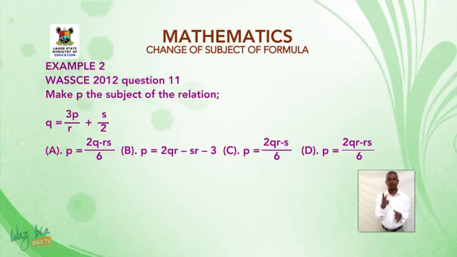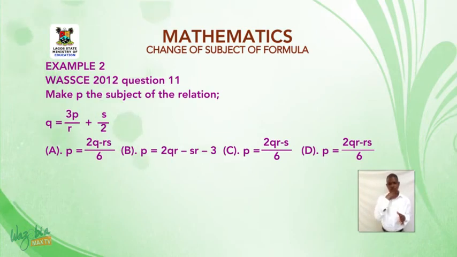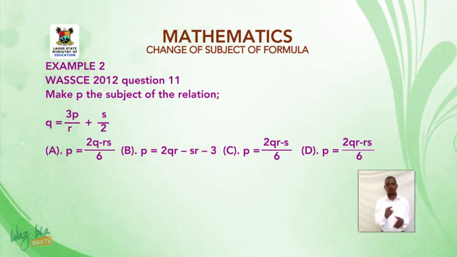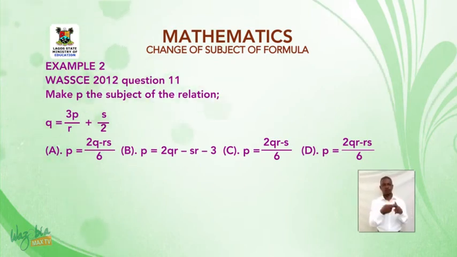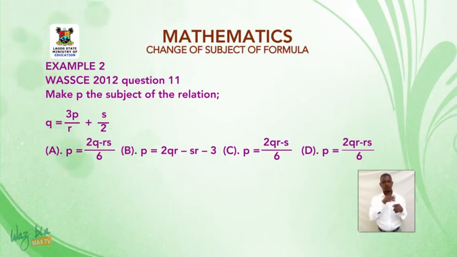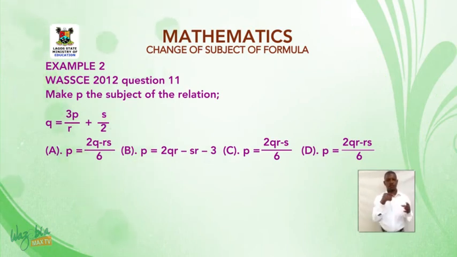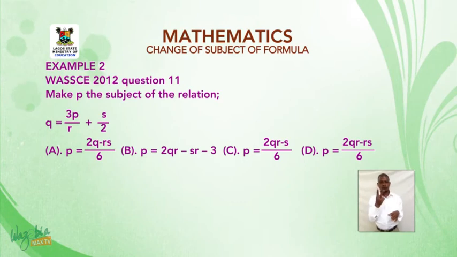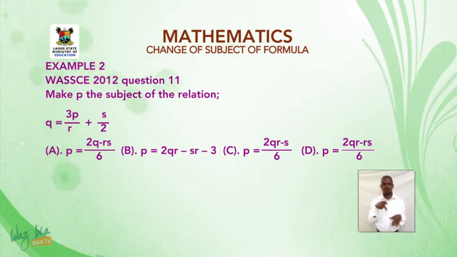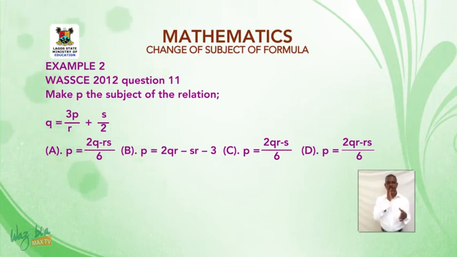Example 2. WAEC 2012 question 11. Make P the subject of the relation Q is equal to 3P over R plus X over 2. A. P is equal to 2Q minus RX over 6.